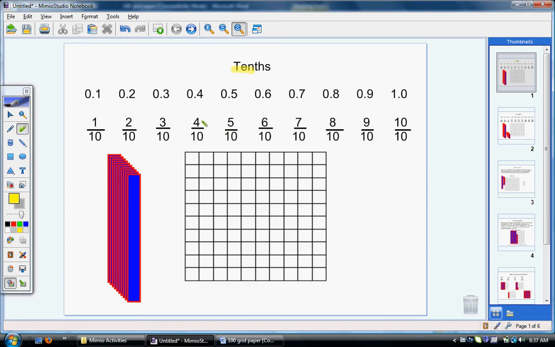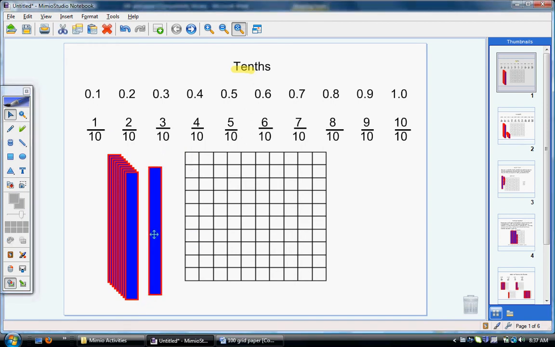When you're drawing tenths, since there are 10 of them in 1 whole, you'd be drawing these rows. This right here is worth 1/10. When I put it on my grid, I can see it takes up 1 whole row.